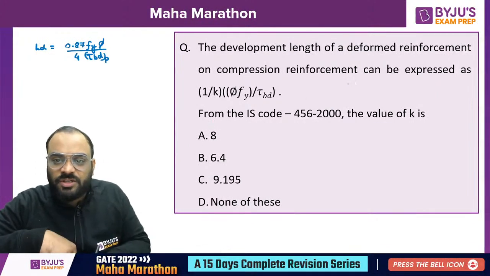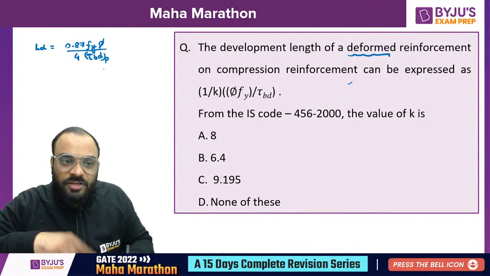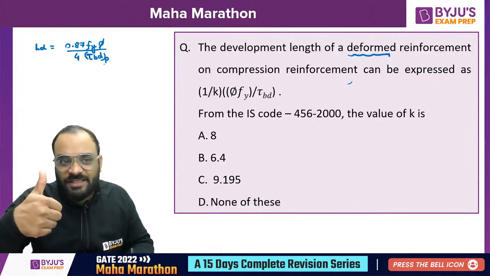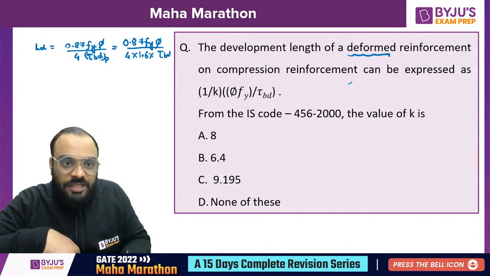Now, as per the question, we need to use the deformed bar. If you are using a deformed bar, then this permissible value will increase by 60%. So our formula will change to 0.87 Fy into phi divided by 4 times 1.6 multiplied by tau BD permissible. Correct?